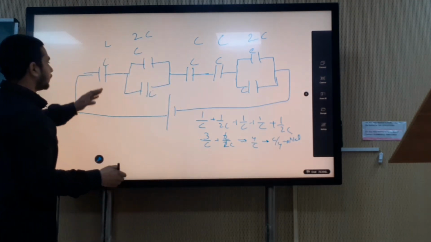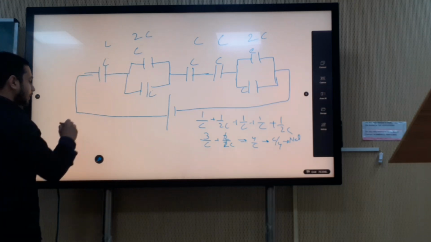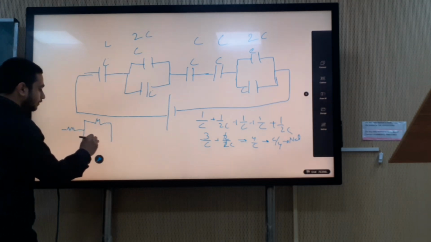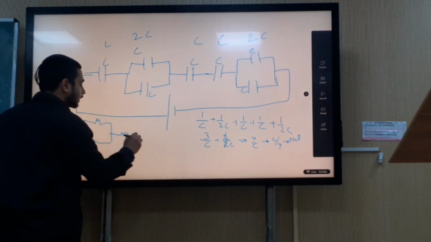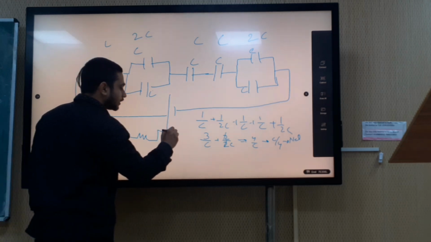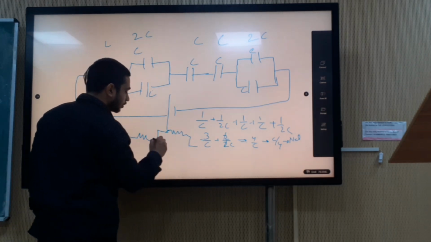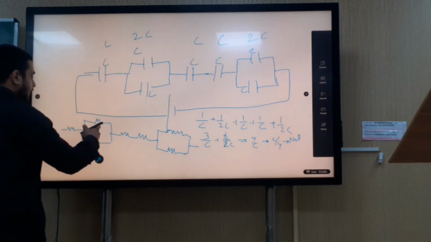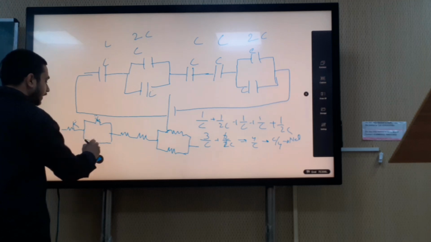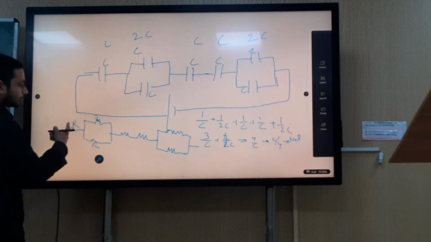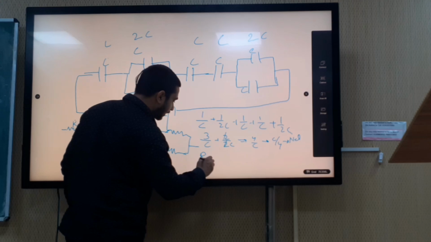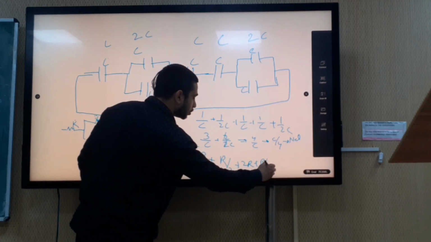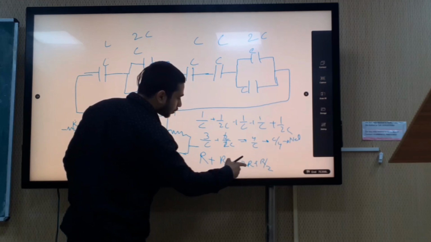We can also solve with the help of resistance. How will we connect the resistances? Two resistances in parallel, then again in series, then again two resistances in series, parallel. These are all of R. So R plus R by 2 plus 2R in series, so R plus 2R, 3R, then 4R.